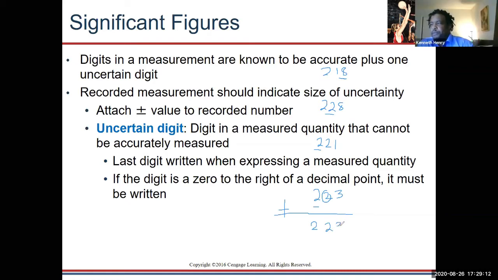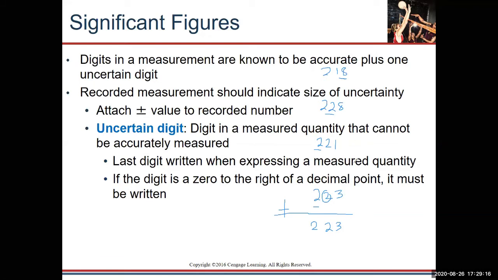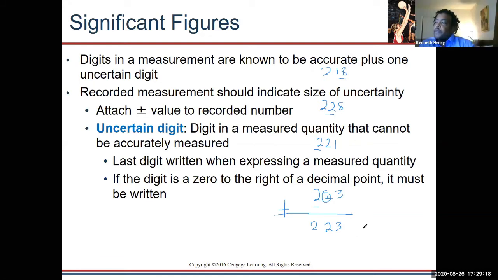So let's just round it up to 223. Get rid of that 0.5, because we don't have any decimal points here. So 223 plus or minus, and the plus or minus should reach far enough that it covers all of the possibilities.